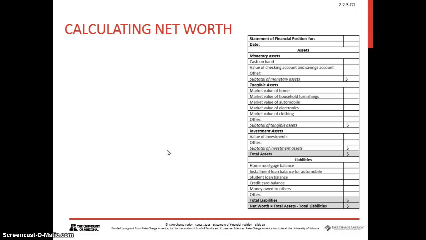Okay, the next thing to learn is how to calculate net worth. Remember that net worth is all of the things that you own, plus you have to subtract out all of the things that you owe to people. A lot of times some kids think that their favorite rapper or whoever should be the wealthiest person in the world.